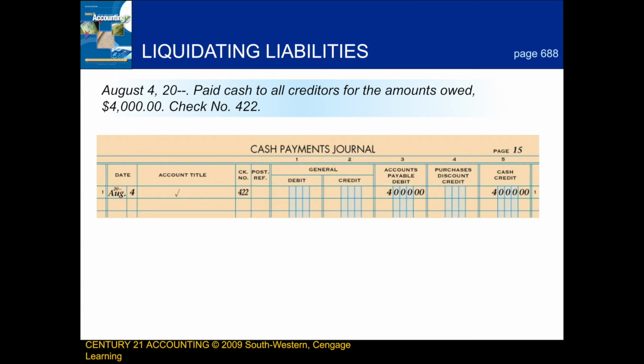First, we write the date, which is August 4th, in the date column. Next, we place a check mark in the account title column. After that, we write the check number, which is 422, in the check number column. Following that, we record the amount, which is $4,000, in the accounts payable debit column. And finally, we record that same amount again as a credit to cash in the cash credit column.